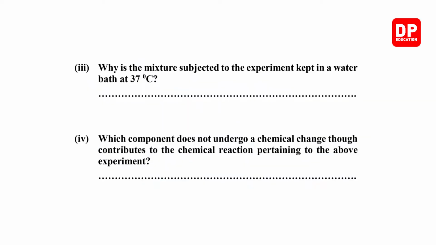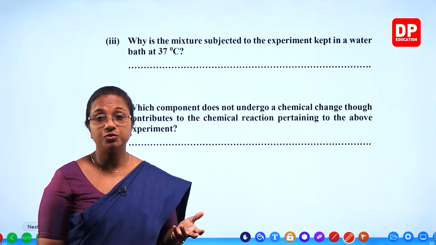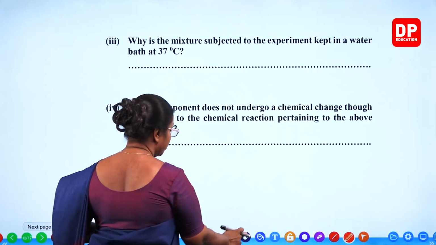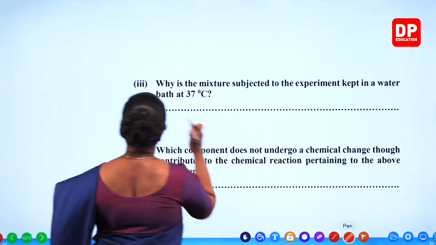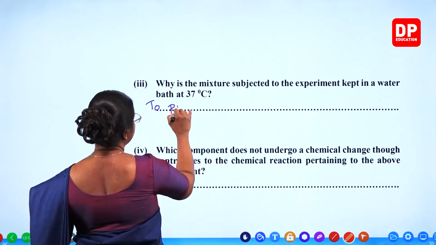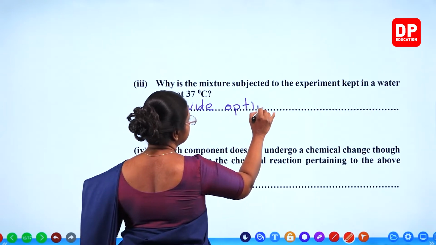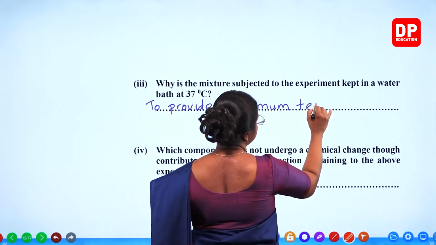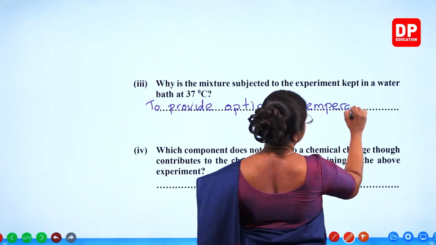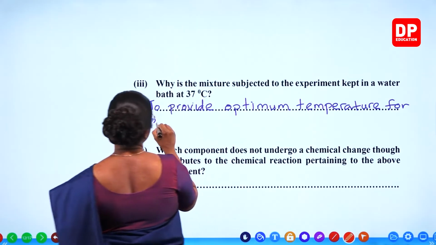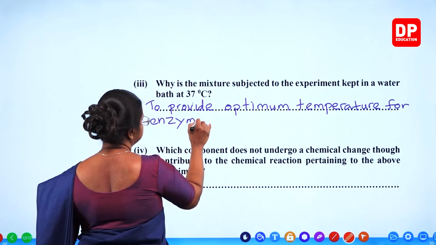Part 3. Why is the mixture subjected to the experiment kept in a water bath at 37 degrees Celsius? I already told you all that is the optimum temperature for enzyme activity. So we can say to provide optimum temperature for enzyme activity.